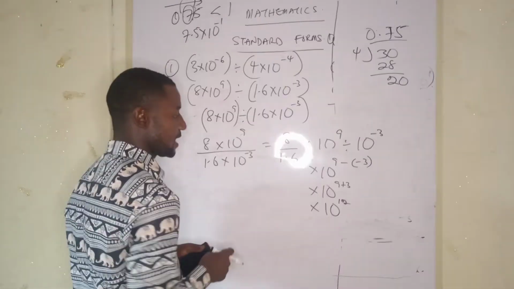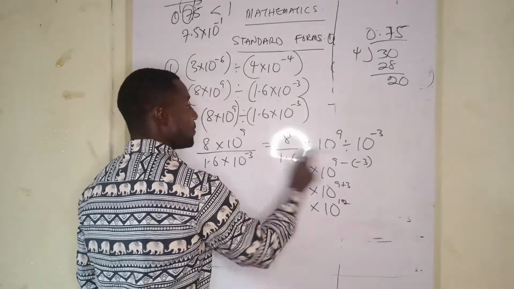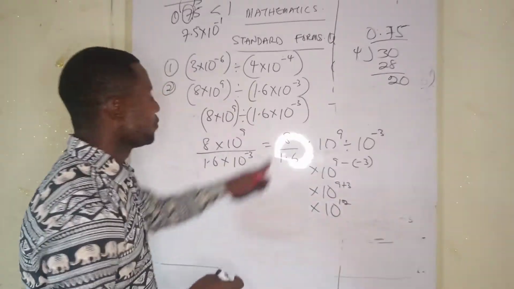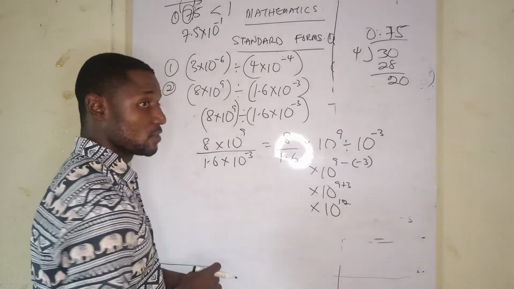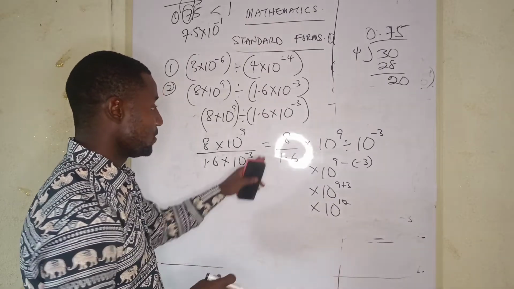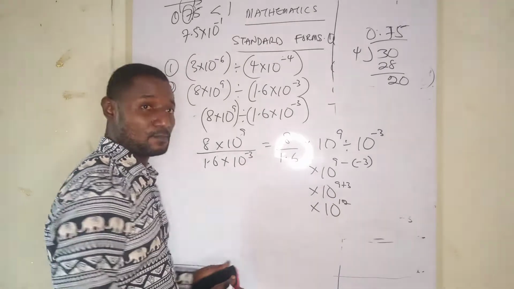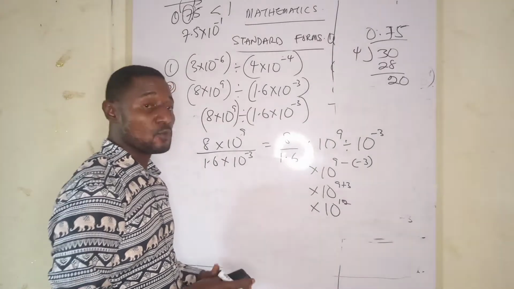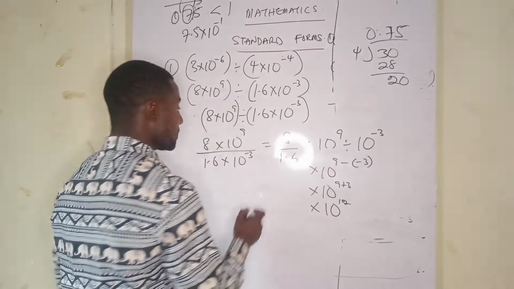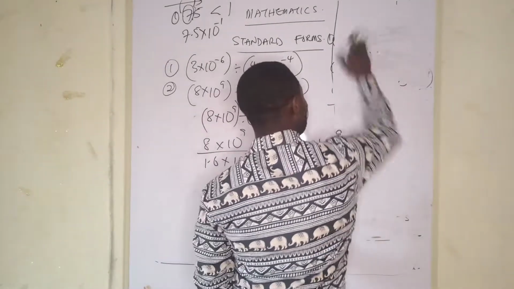Now let's come to the other side. We have 8 divided by 1.6. And like I said, you can use your calculator to do this. At the same time, for those of us that are new in mathematics, I also want to make it simple to you by showing you how to do this simple division. We just come aside here.